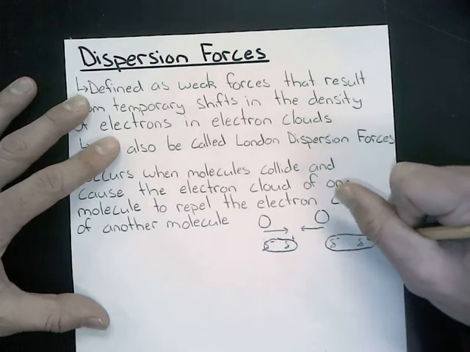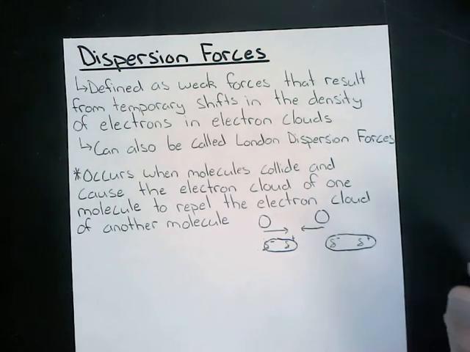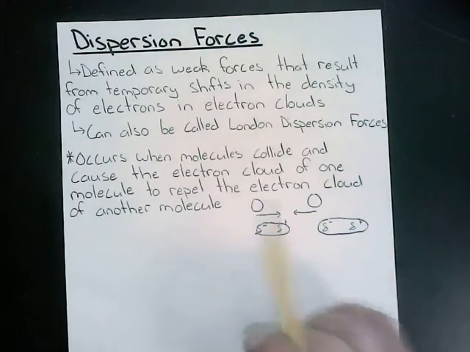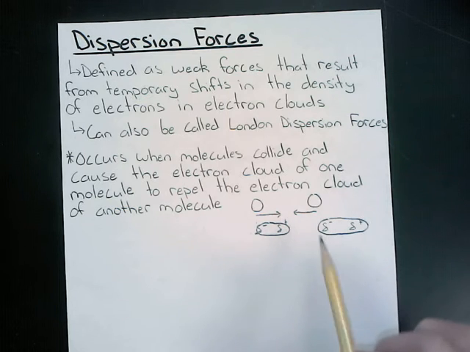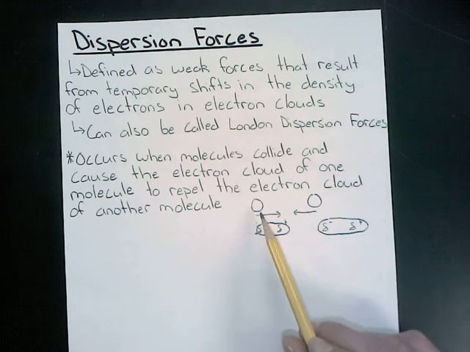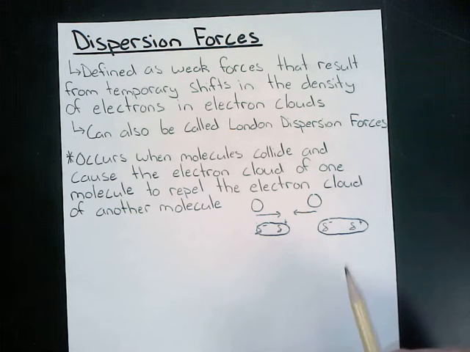What happens specifically here is that the repulsion experienced as these two things collide causes the electron density around each nucleus to be greater in one region of each molecule. Again, this creates these oval types of shapes.